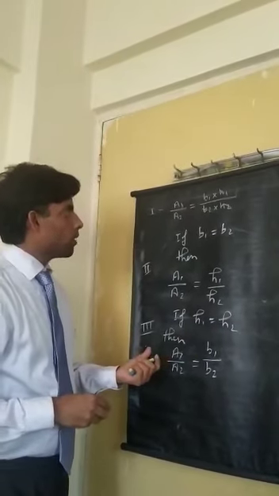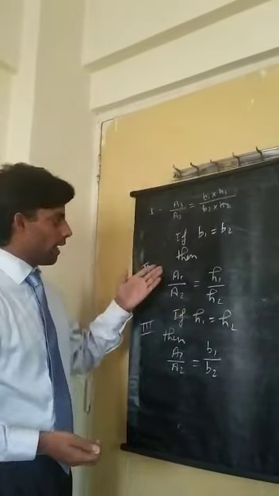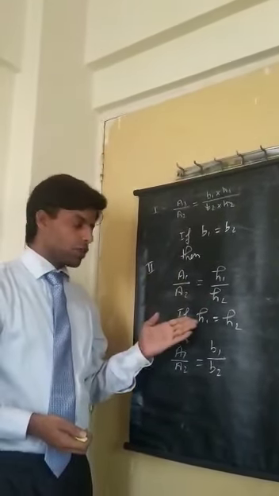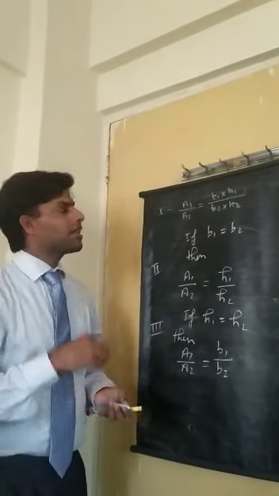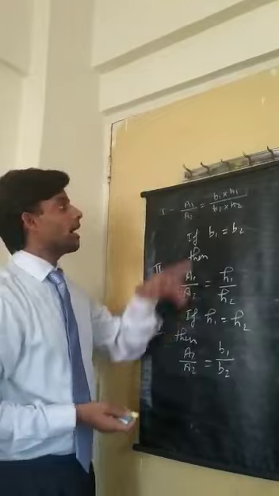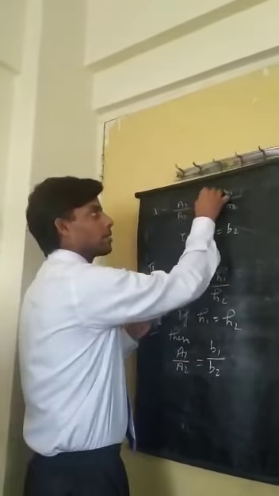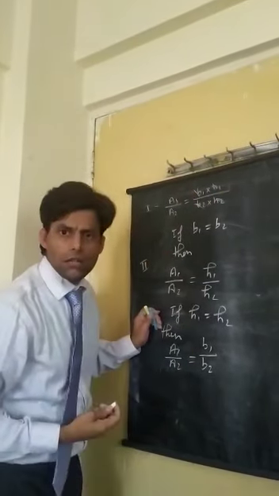Now students, we can say if the bases are equal, we get A1 upon A2 equal to H1 upon H2. If the heights are equal, H1 equals H2, then A1 upon A2 equals what? B1 upon B2. There can be a possibility when the base and height both are equal. So base will get cancelled, height will get cancelled. So what are we left with here?